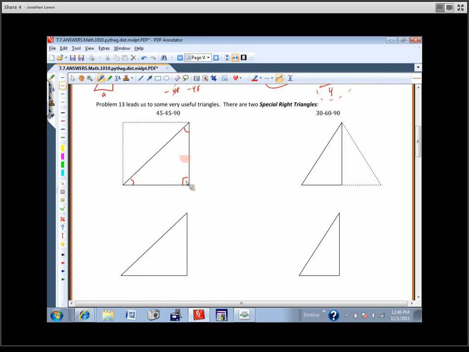So remember, there's 180 degrees in any triangle. If I use 90 of them here, there's 90 left between the two of those, and they're equal, so each one of them has to be half of 90. So this is 45, this is 45, and this right here is 90. That's why we call it a 45, 45, 90.